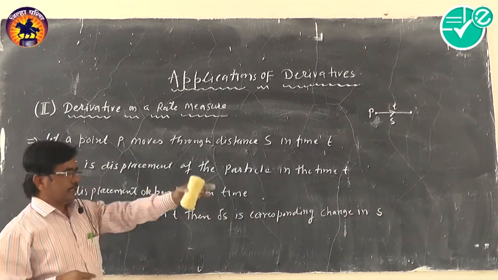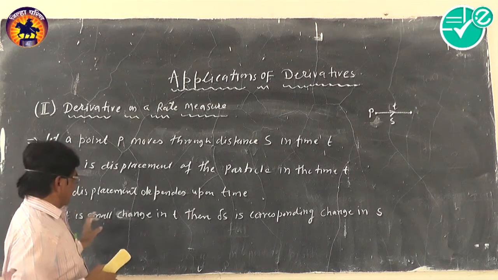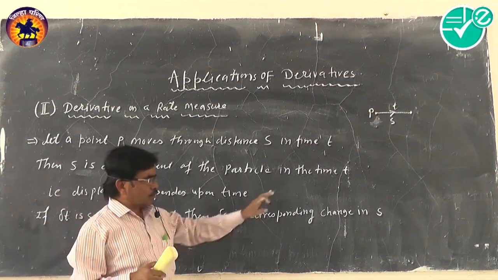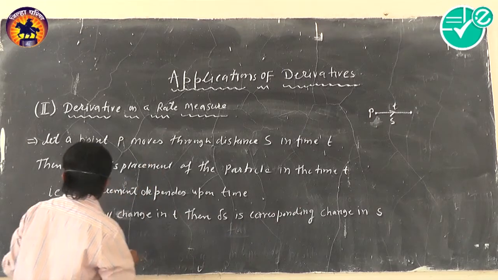If t changes, S changes. If delta t is a small change in t, then delta S is a corresponding change in S.